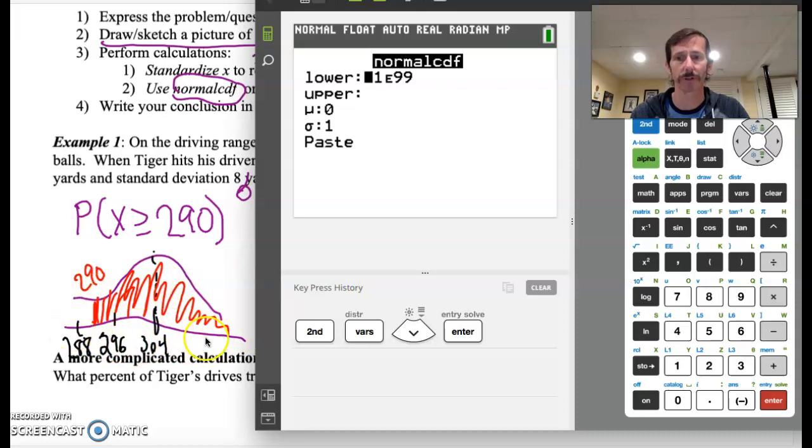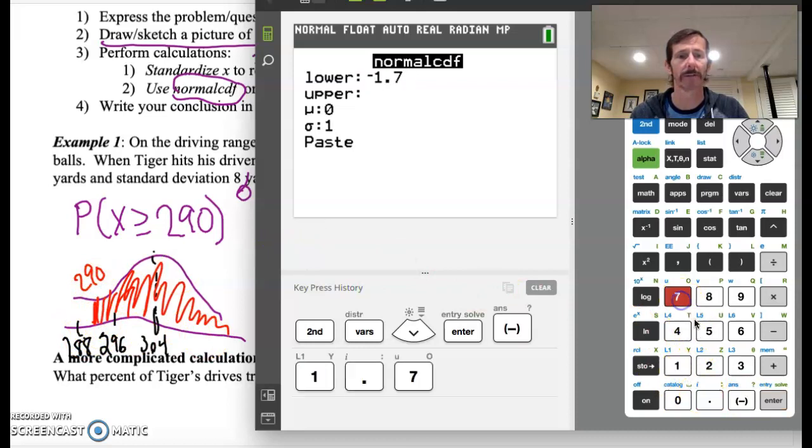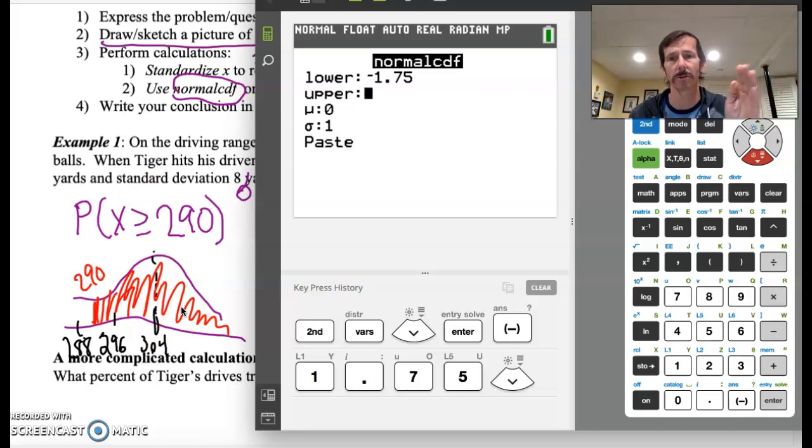And if you have the picture shaded, I can clearly see that my left side is right here, which was negative 1.75. And my upper, well, I'm just going till infinity. So if I'm in z-scores, remember, z-scores are your number of deviations. And so once you get to 3 deviations, you've captured almost 100% of the distribution.